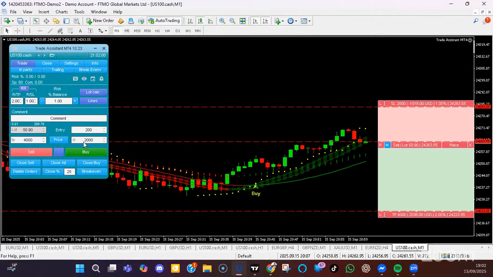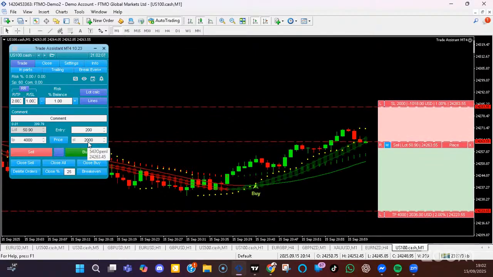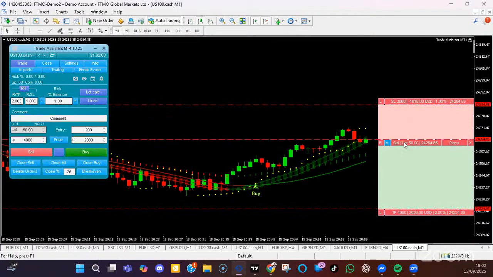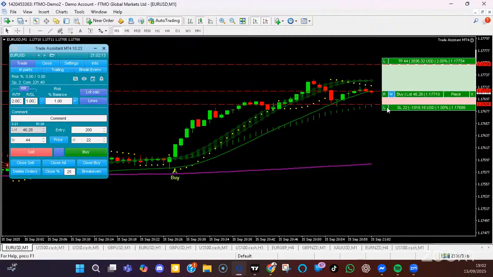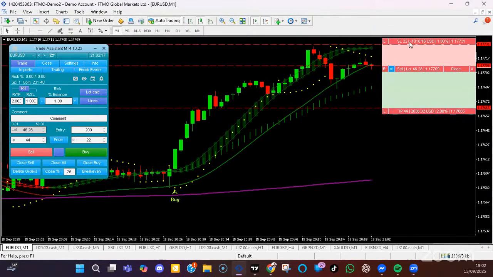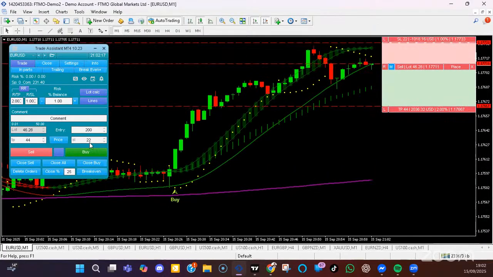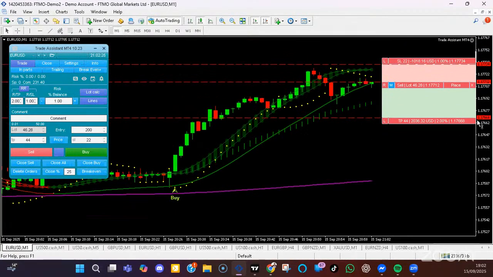I like to keep 2,000 units on the US 100, which is equivalent to 2 pips. So I wrote that in, and there we go, up there. Similarly, on the EUR USD, I like to keep a minimum of 2.2 pips. So it's 22 in there, which is 2.2 pips distance should anything happen.